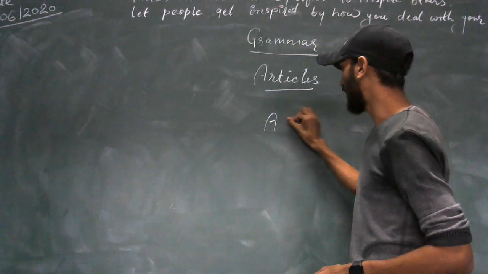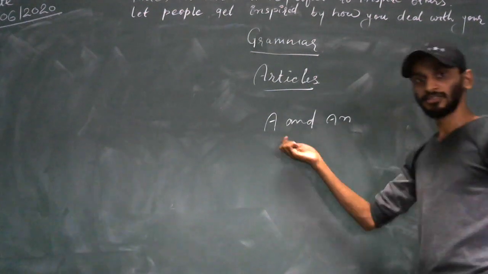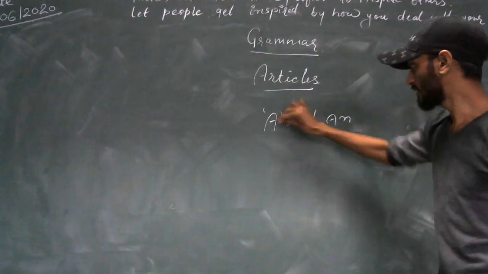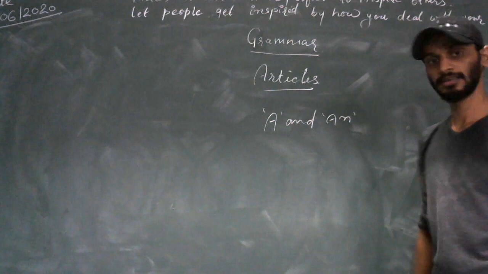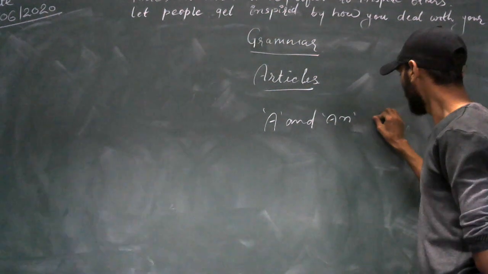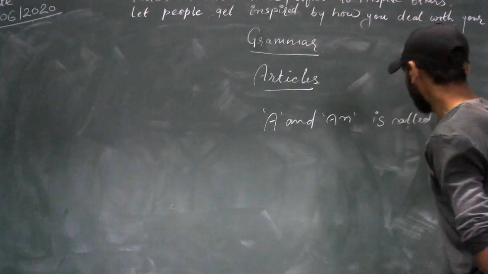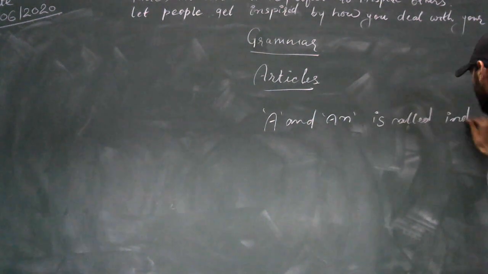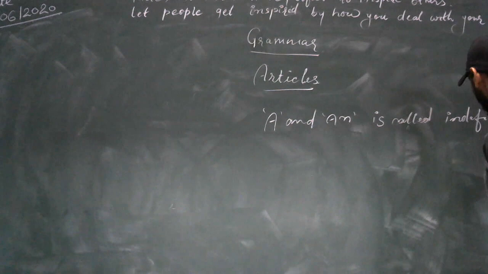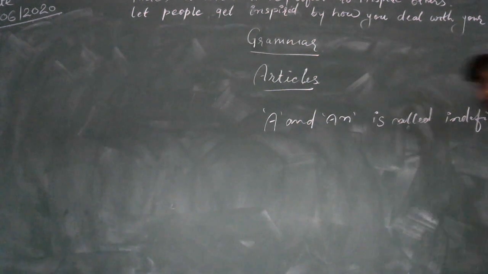A and AN. The letters A and AN are called indefinite article.